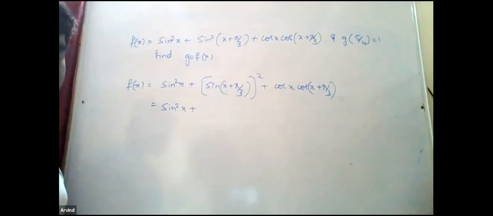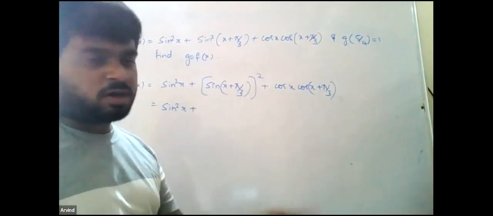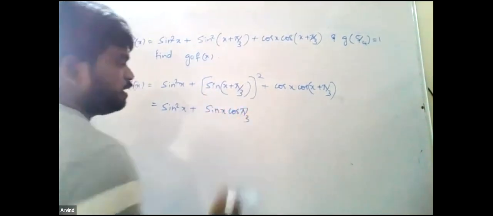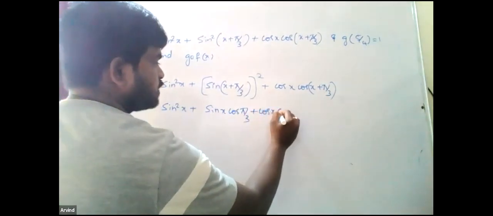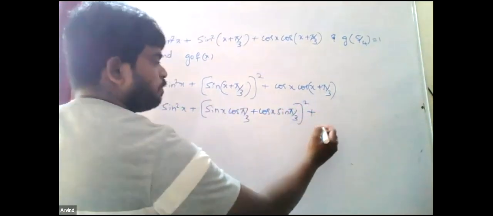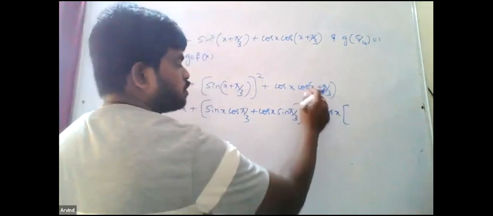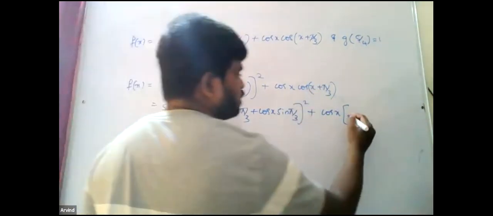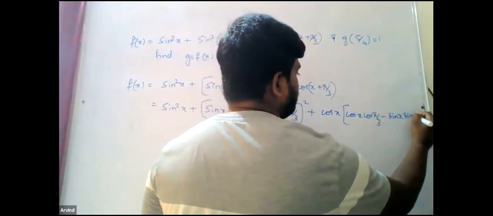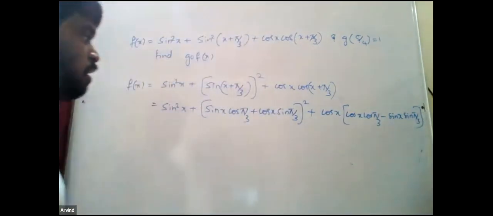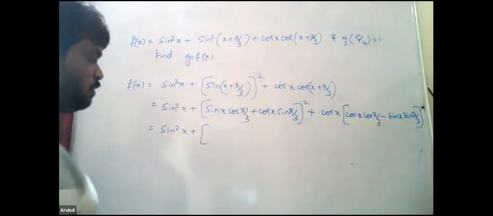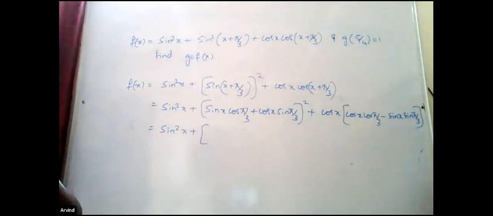Sin a cos b plus cos a sin b. I'm using the formula, the whole square, plus cos x into, again, cos of a plus b, which is cos a cos b minus sin a sin b. So cos x cos pi by 3 minus sin x sin pi by 3. Now let's simplify it. Sin x as it is, cos pi by 3. What is cos pi by 3?